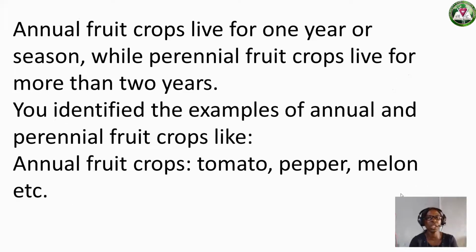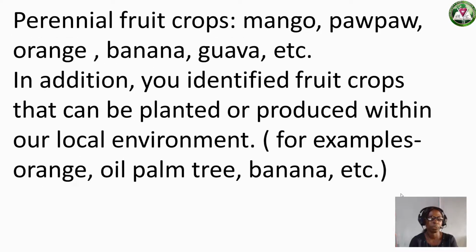I told you that annual fruit crops live for 1 year or season, while perennial fruit crops live for more than 2 years. You identified examples of annual fruit crops, for example tomato, pepper, melon, etc.